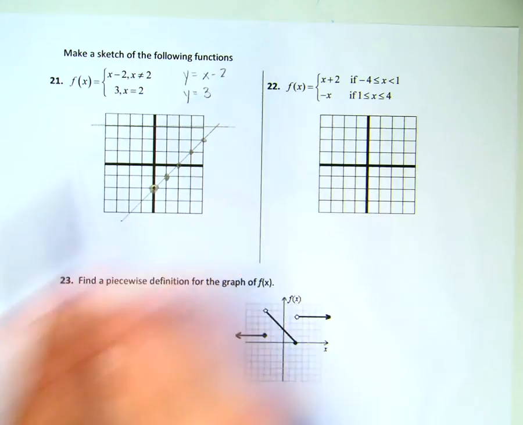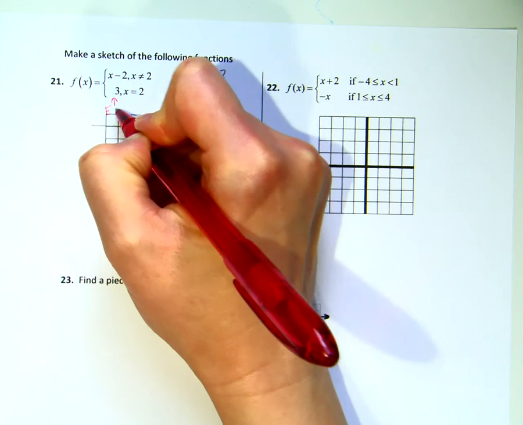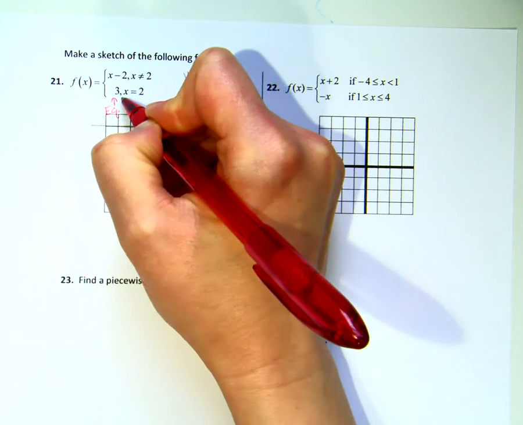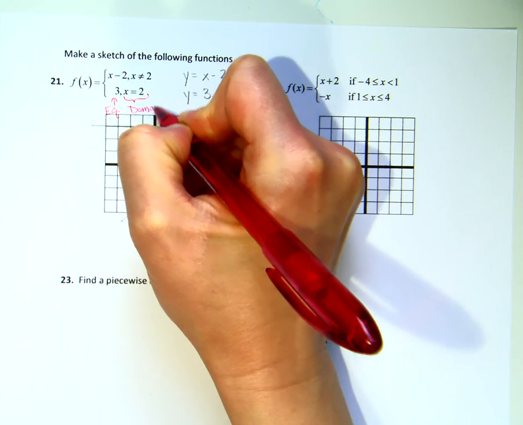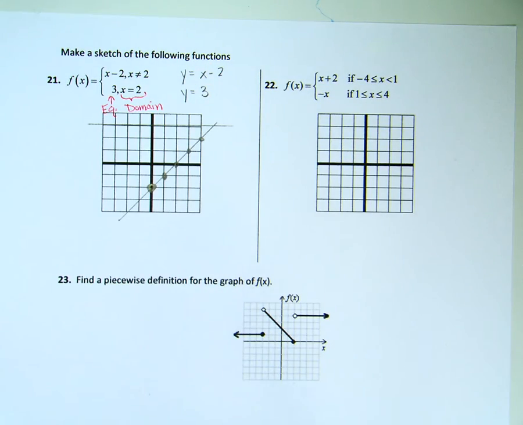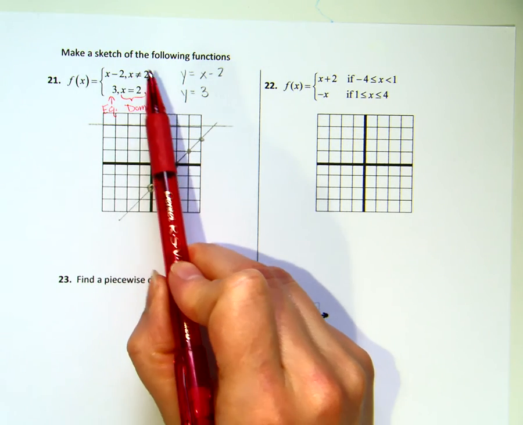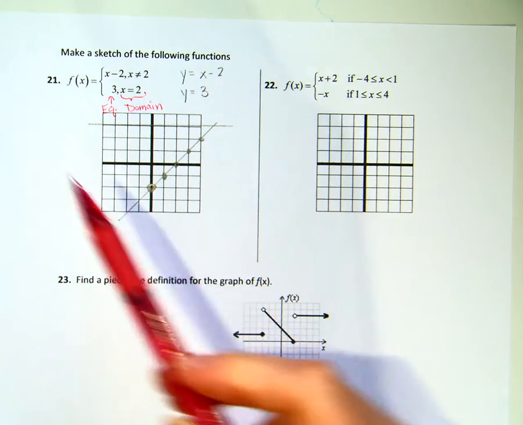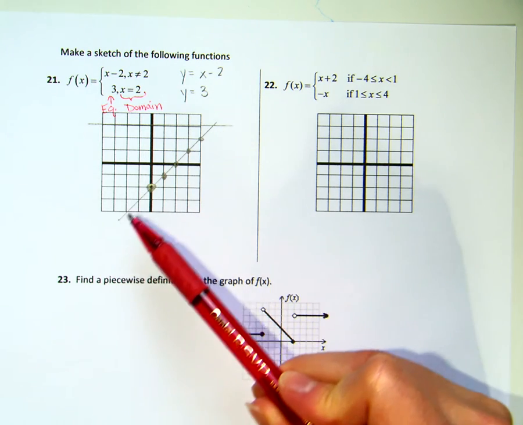Now that I've got the two equations, okay, this first part is the equation part. Now I have to consider the domain. Where is each equation located? The first equation is located where x does not equal 2, meaning we have this line everywhere except the x value of 2.